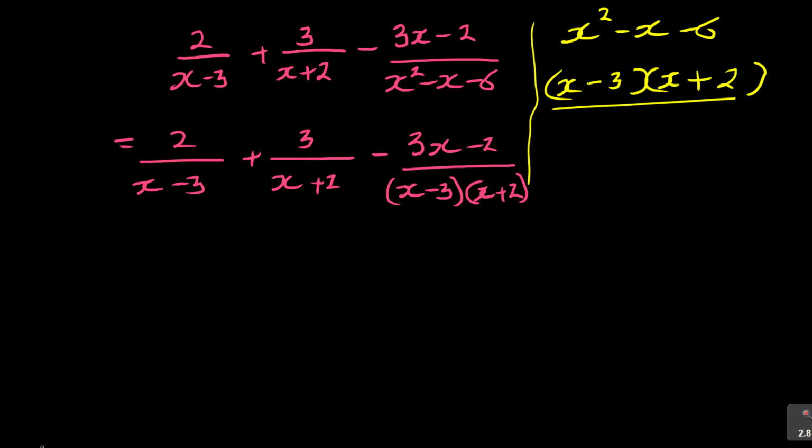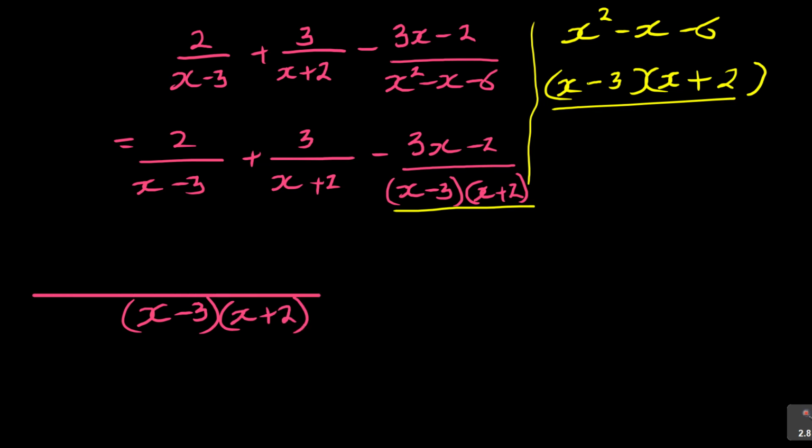What's the common factor? The common factor is already given there, which is your x minus 3, and the common denominator here, x plus 2. Remember, it's fractions, so you have to consider the common denominator. All right, so what do we say? We say 2 first. You write that 2, so x minus 3 cancels this x minus 3, and we are left with x plus 2.